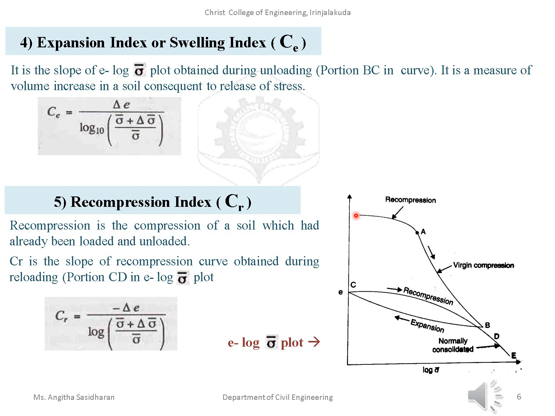Initially there is a recompression, and after that the real consolidation is experienced by the soil. If you unload and reload again, the portion CD of the curve is the region we are talking about. So CR is the slope of the recompression curve obtained during reloading.